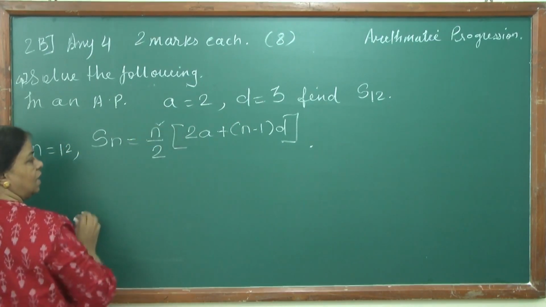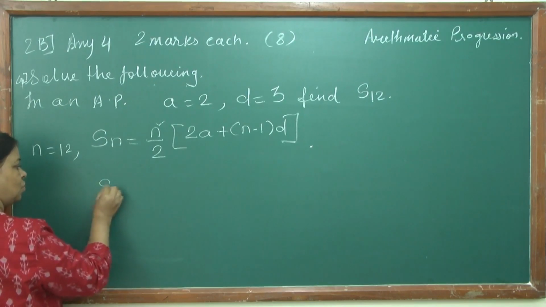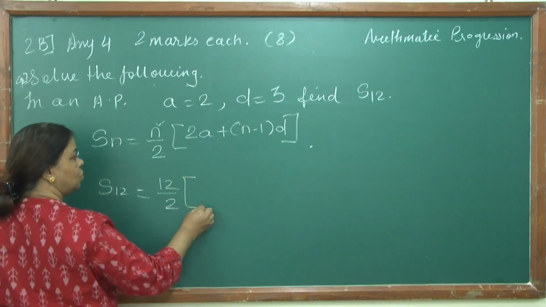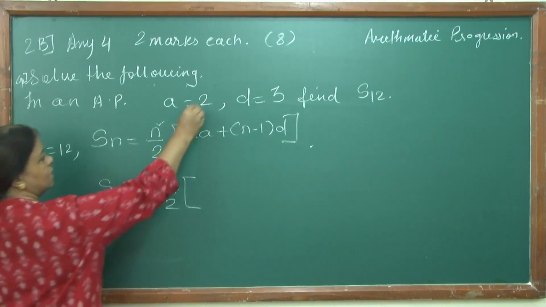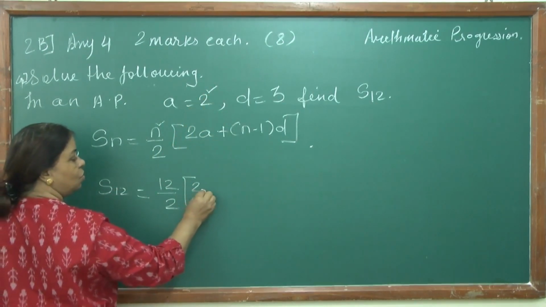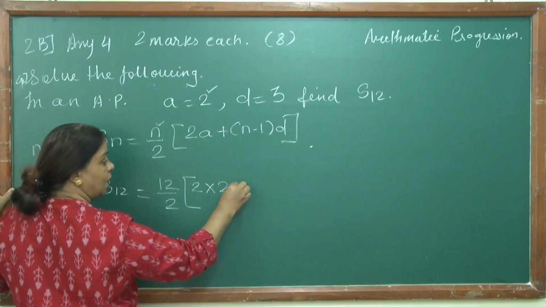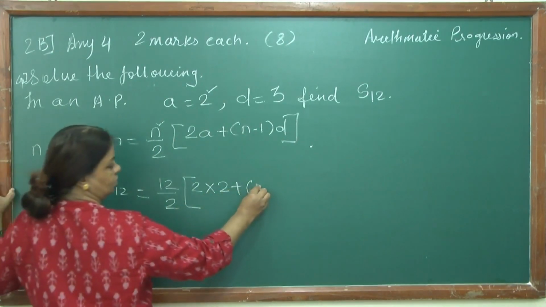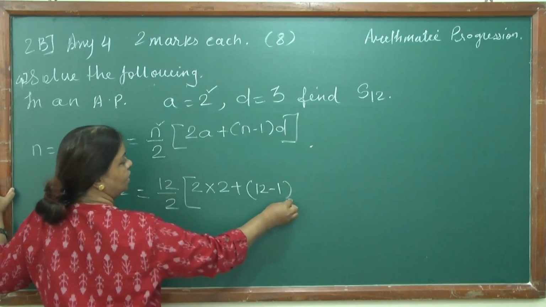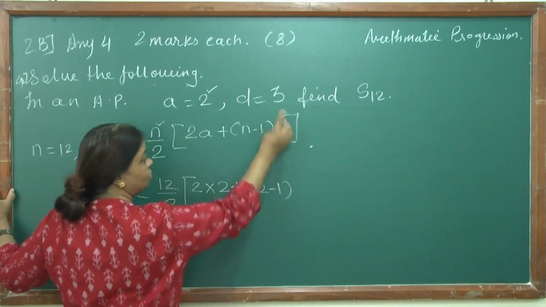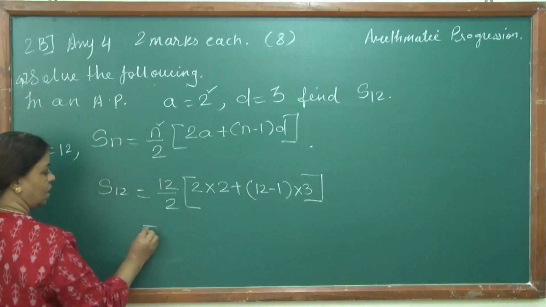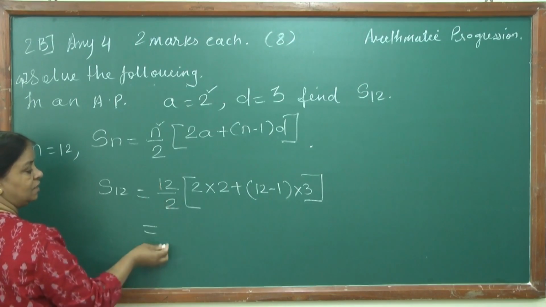So I know n. So S12, that is 12 upon 2. Do I know A? Yes, A is also known to us. 2 into 2 plus n is 12, 12 minus 1. Do I know D? Yes, D is also known. Into 3, bracket close.